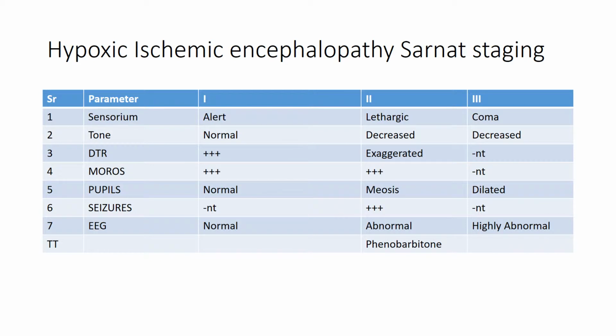Hypoxic ischemic encephalopathy has the Sarnat staging, where sensorium, tone, DTR, Moro, pupil, seizure, and EEG are normal in the first grade, lethargic in the second, and coma and unresponsive in the third.